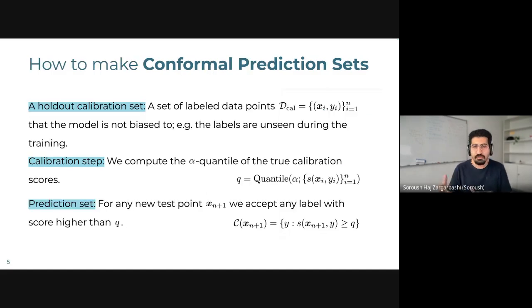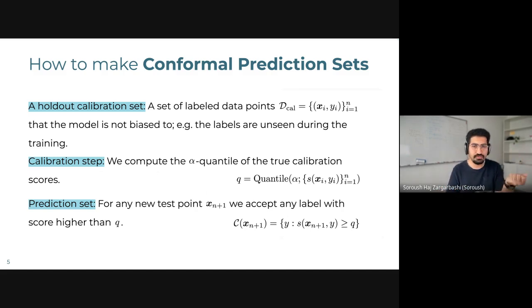So now how to define these conformal sets. It's a really simple algorithm. So you have a calibration data, a set of data points whose labels are not seen by the model during the training. So the model is not biased on those inputs. And in a simple step, you have the score function, which is basically the output of your model, or even if you have any complex score function defined based on that, whatever score works.